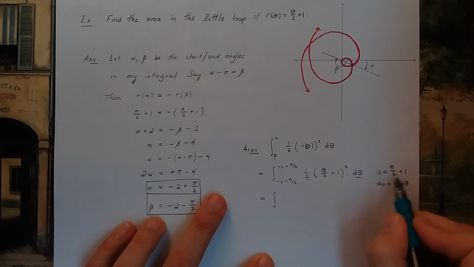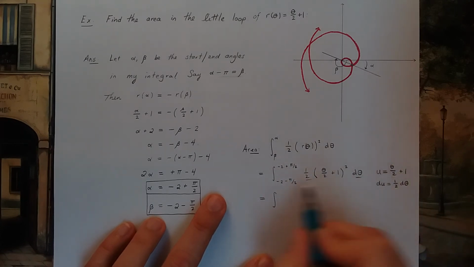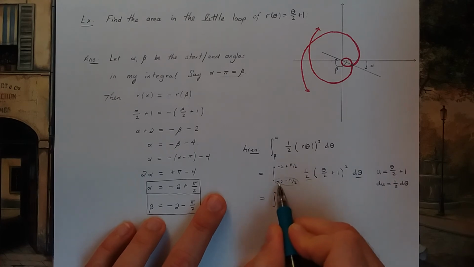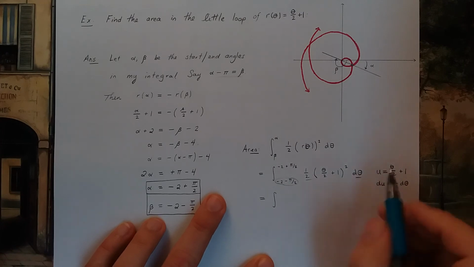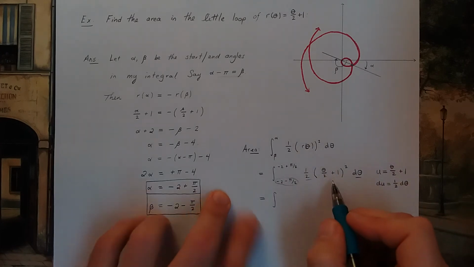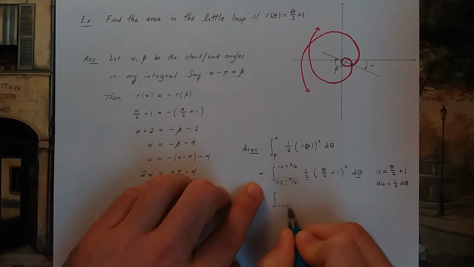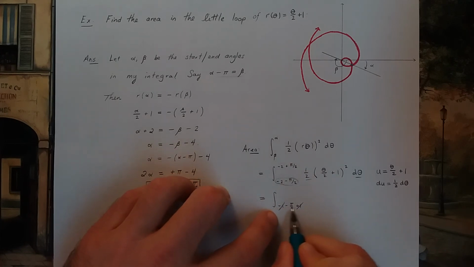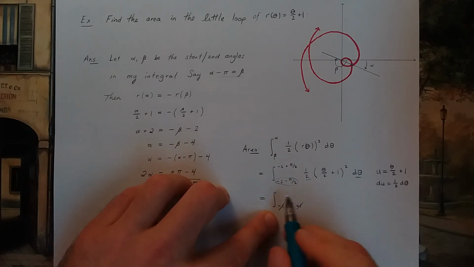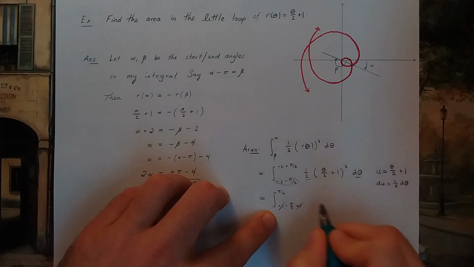When you change the limits of integration, if I'm at theta equals -2 minus pi over 2, that's my theta value. I think my u value should be -1 minus pi over 4 plus 1. So I go from -pi over 4, and then I think this up here would be positive pi over 4.